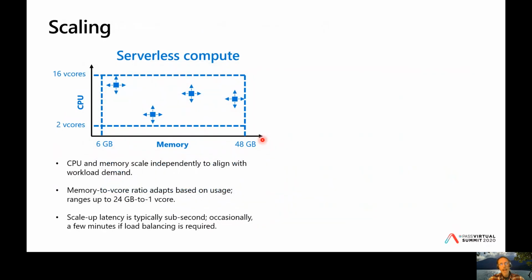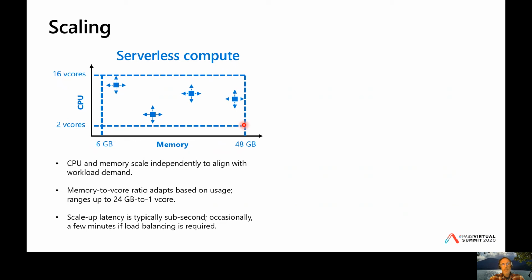So we took that fact to heart in the design. Here I'm showing a picture of a serverless database that's configured with a minimum of 2 cores and a maximum of 16 cores, corresponding to a range in memory from 6 to 48 gigs.